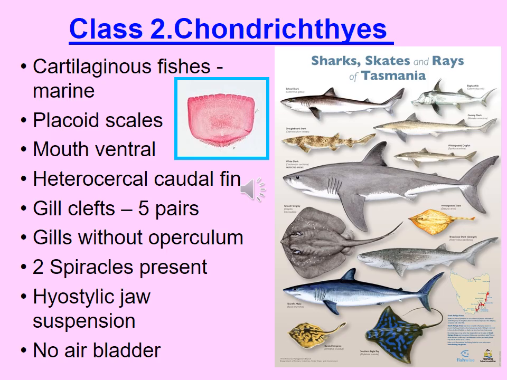There are 5 pairs of gill clefts. The gills are present without the operculum. They have 2 spiracles, and the jaw suspension is of hyostylic type. There is no air bladder in the Chondrichthyes.